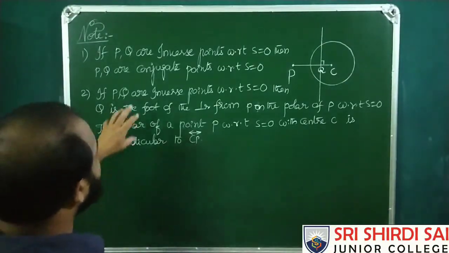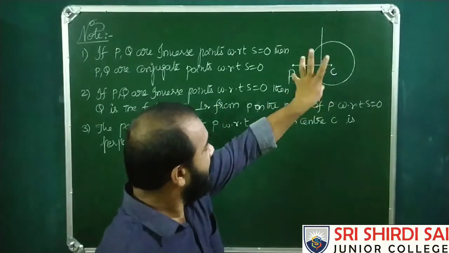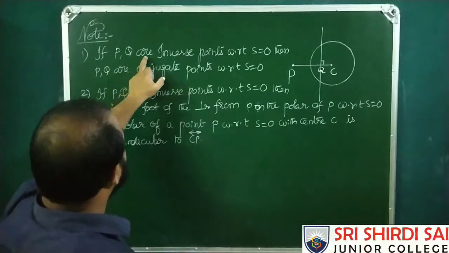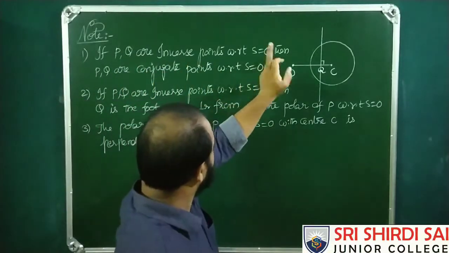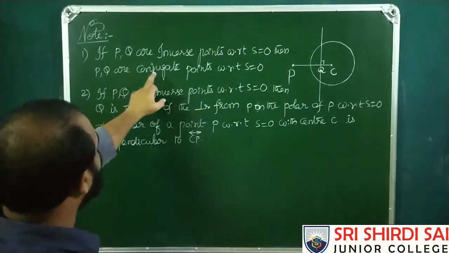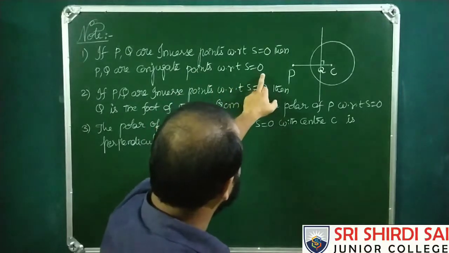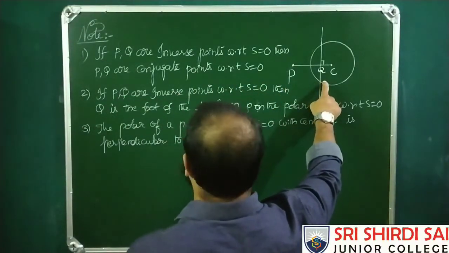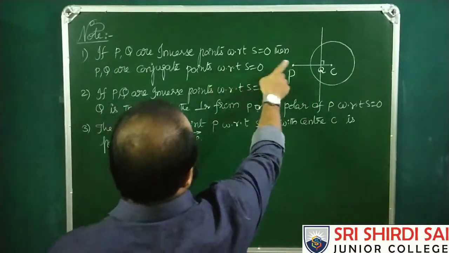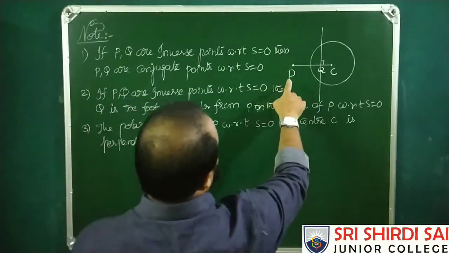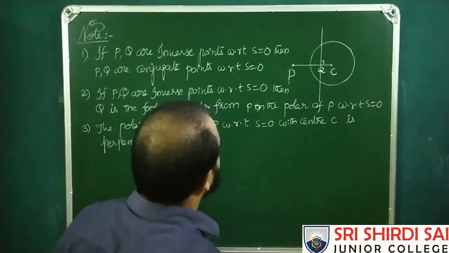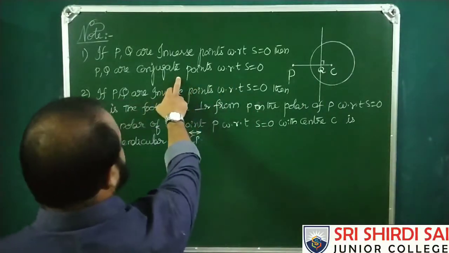Therefore these are the points that we have noticed. P, Q are the inverse points with respect to S equals 0. Then P, Q are conjugate points with respect to S equals 0. Because what are conjugate points?